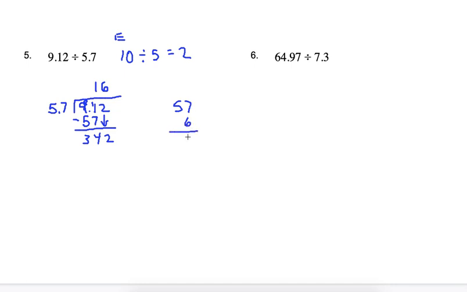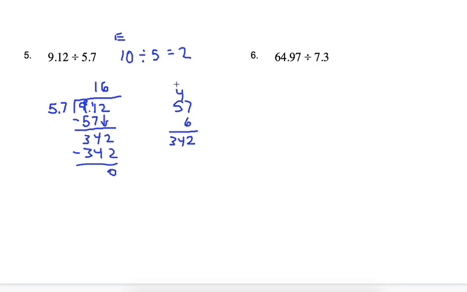So that would be 42, so put down the 2, carry the 4. 5 times 6 is 30, plus 4 would be 34. Yep. So that would be 342. Minus that down, we end up with 0 there.